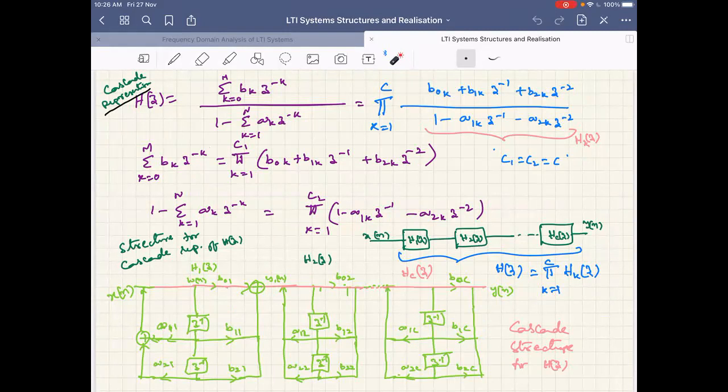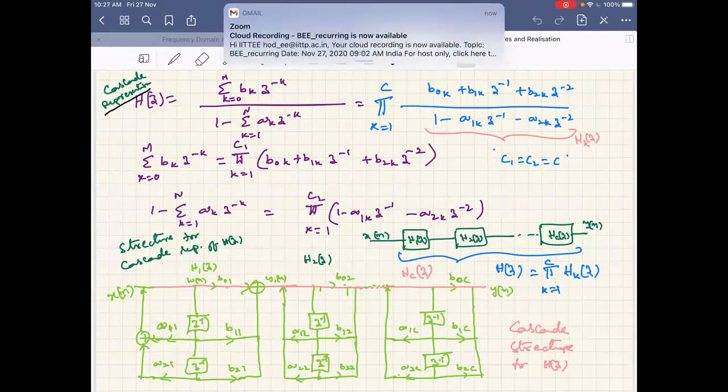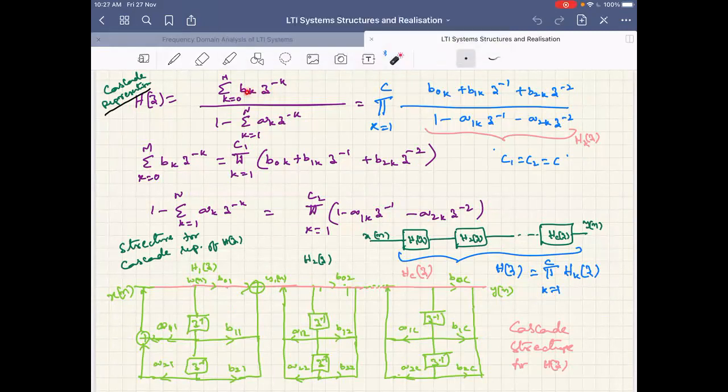If I have a numerator polynomial of, say, 10 degrees, and the fifth coefficient is affected, it means that all the zeros of it will get affected. Whereas if I break it already into roots and then implement, even if this gets affected, only that subsystem h1 of z gets affected, not the other subsystems.